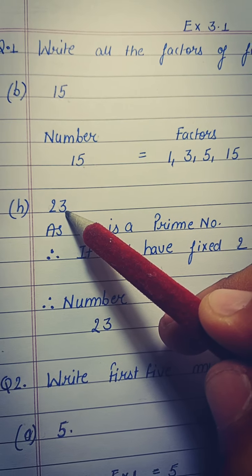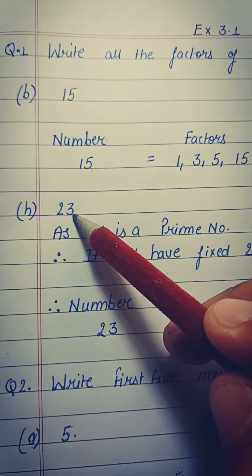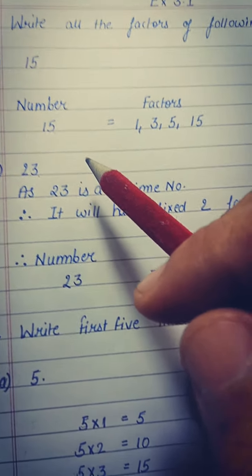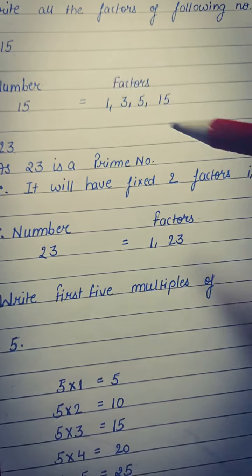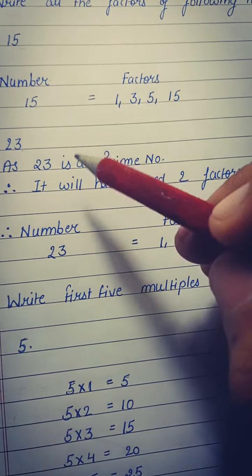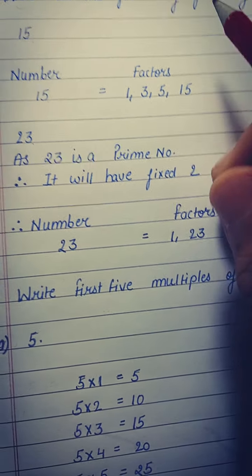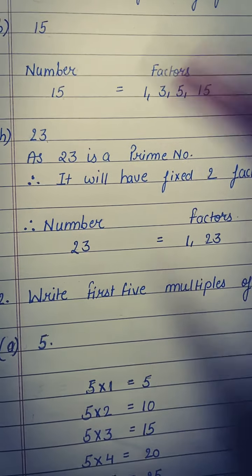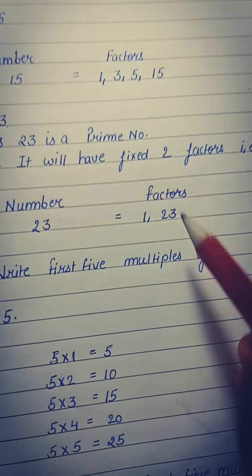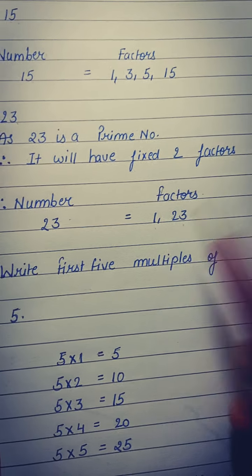Actually, what happens is that when students see some odd kind of number, they get confused about how many factors can be obtained. Check whether it's prime. If it's prime, it will possess only two factors, 1 and the number itself.